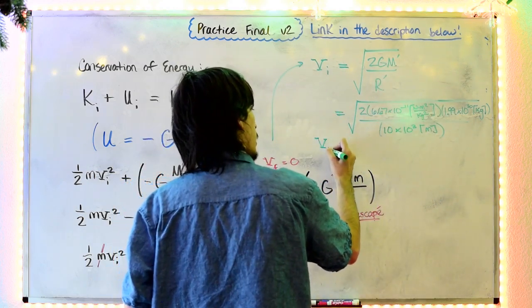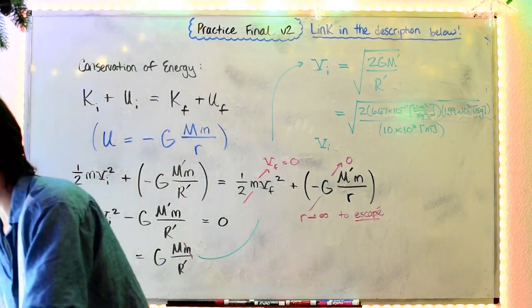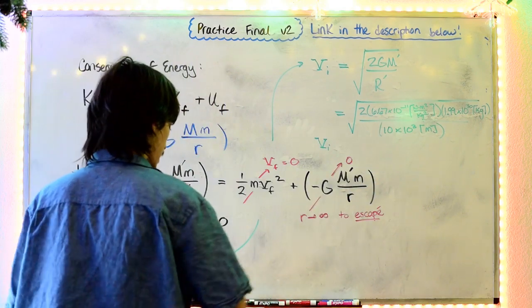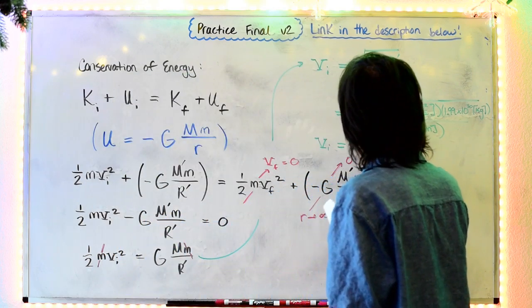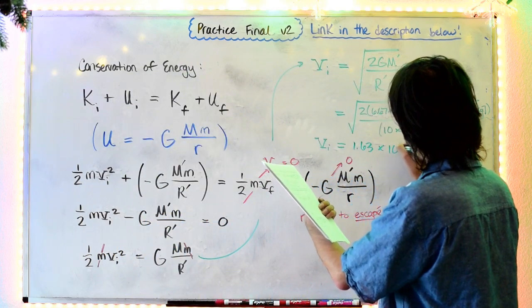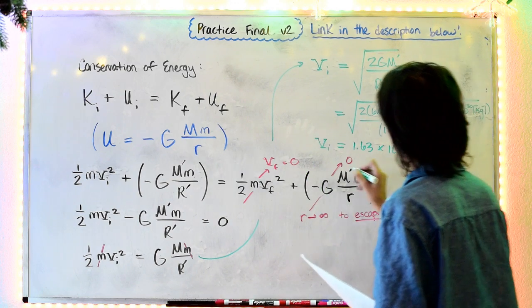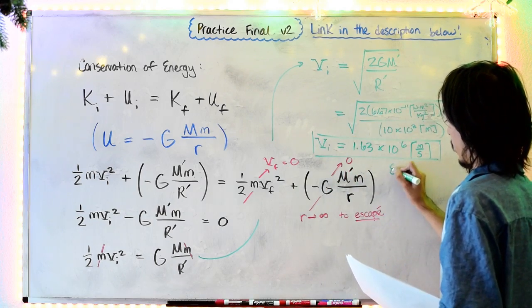You will find that the escape velocity needed to just barely escape the gravity of that star is 1.63 times 10 to the 6th meters per second. So that is the escape velocity.